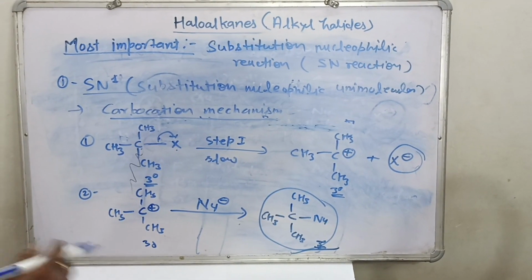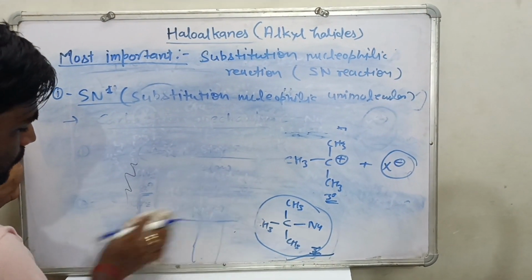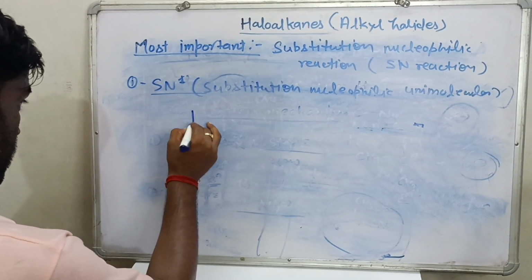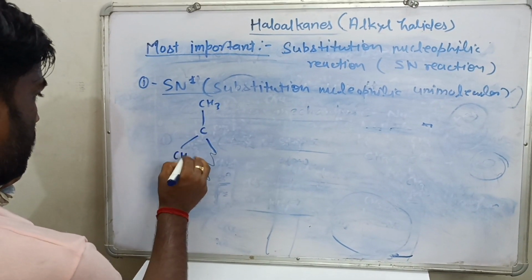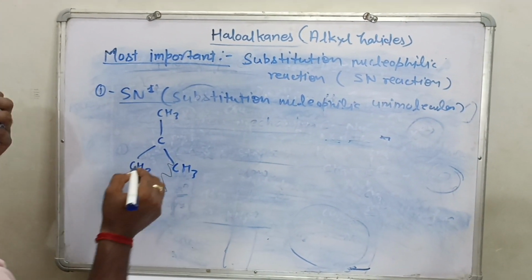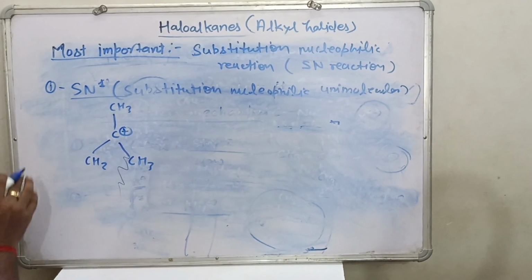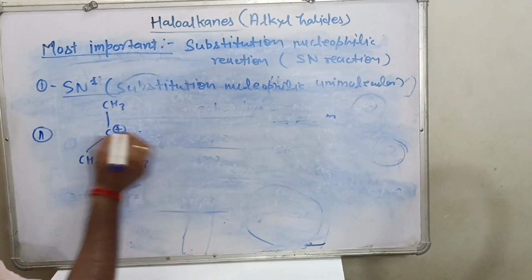There is also stereochemistry behind this reaction. As we know, the tertiary carbocation, as I am writing, is trigonal planar, it has this type of geometry. I am explaining only the second step.